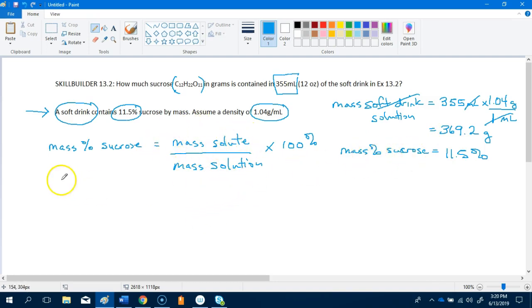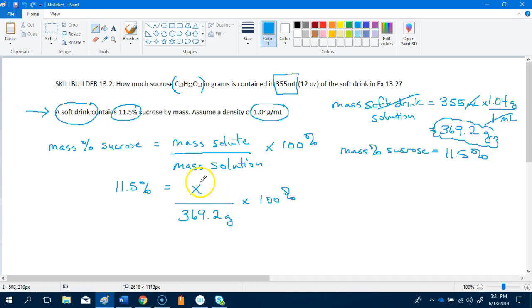So mass percent of sucrose is 11.5%. Mass of solute is what I'm trying to find, so I'm going to call that X. My mass of my solution is what I calculated using my density amount to be 369.2 grams. I'm going to multiply everything by 100%.